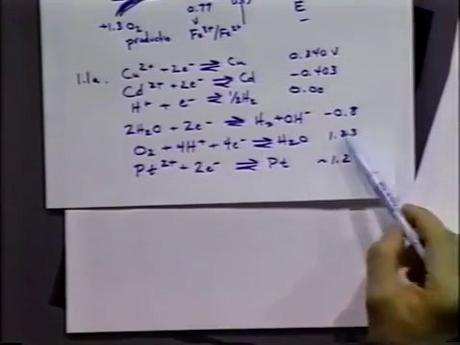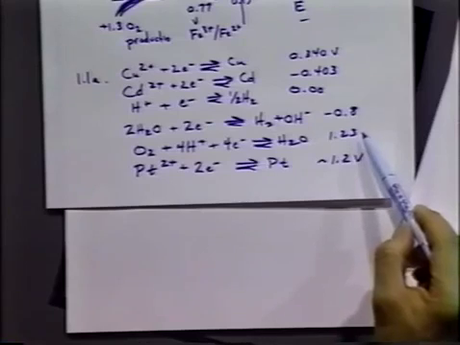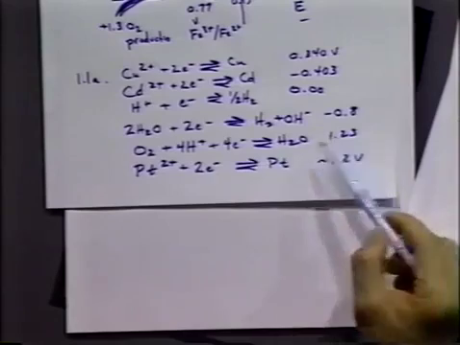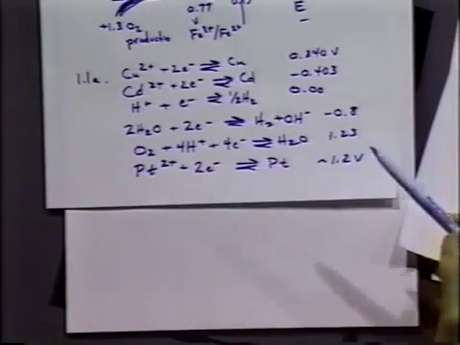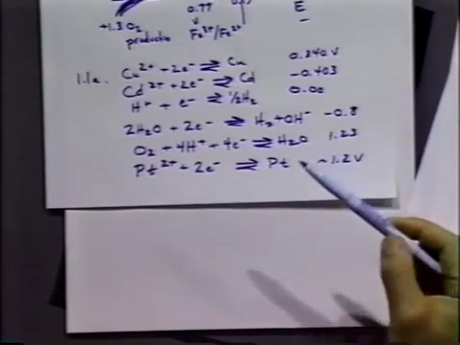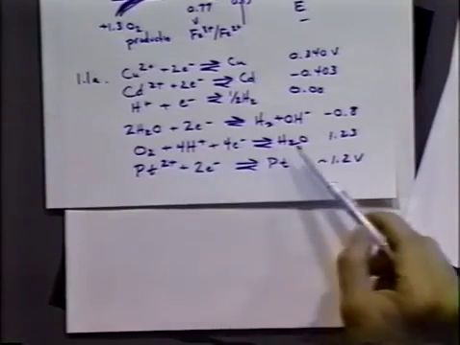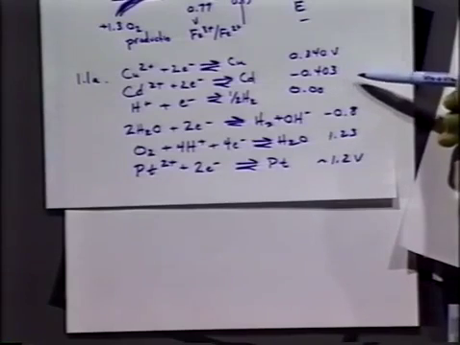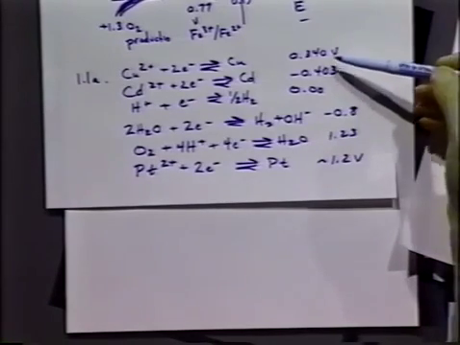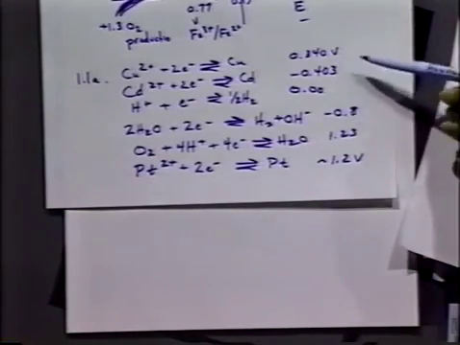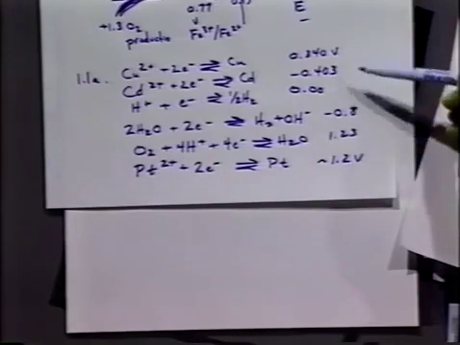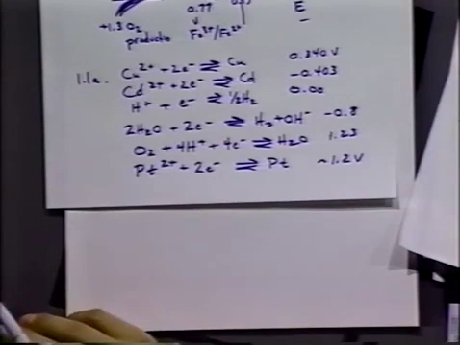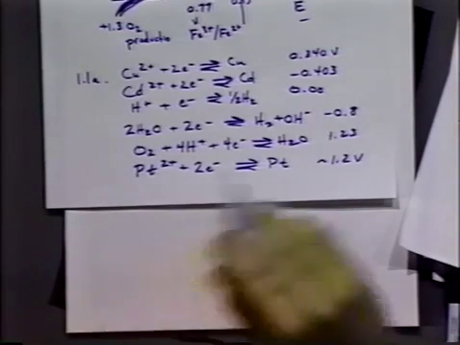And on the other side, we would have to be at least as positive as 1.2 volts before we'd see platinum being oxidized to platinum ion, or water being oxidized to oxygen gas. So the electrode would be somewhere between 0.34 volts and 1.2 volts. In any of that range of potentials we will have 0 current, and that would be a potential where we could possibly have the electrode.